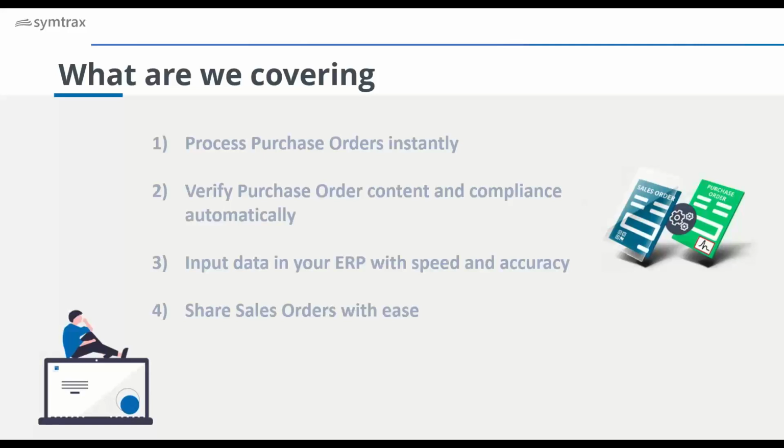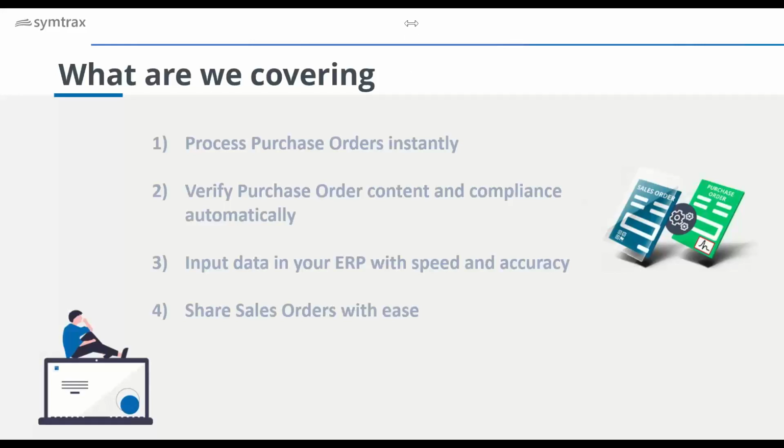We shall now cover ways to reduce your ERP PHSO user workloads, thus ways to automate more, right? From our perspective, we want to help you in 4 ways. We want to help you process purchase orders instantly.